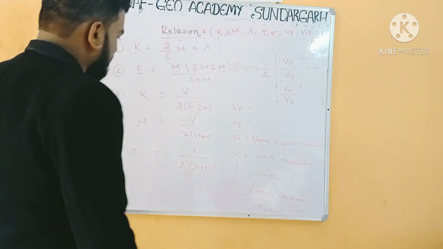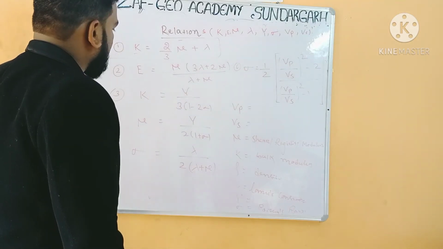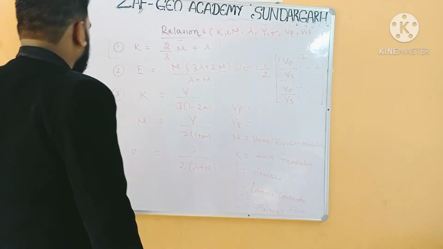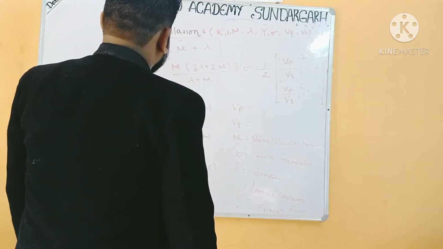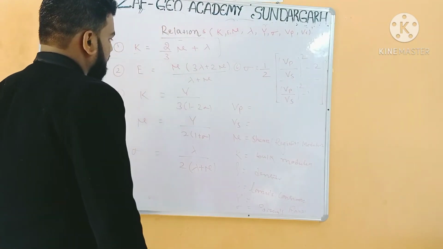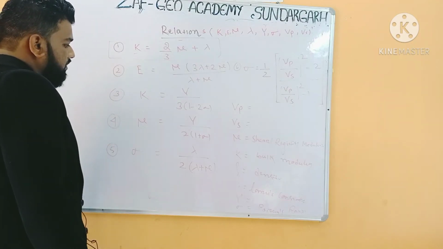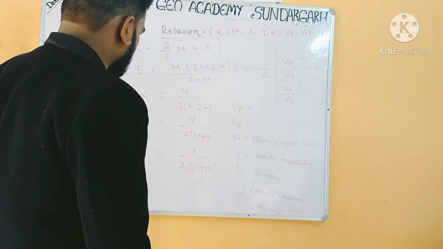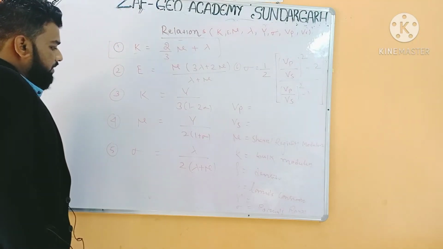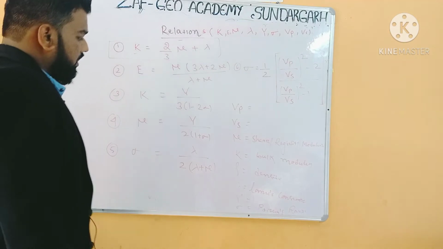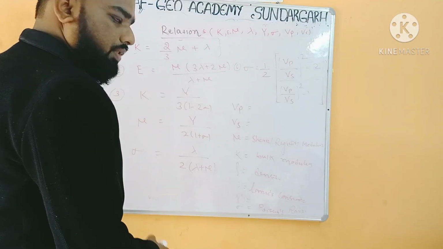Mu is the shear or rigidity modulus, and lambda is the Lamé constant. E is mu times (3 lambda plus 2 mu) divided by (lambda plus mu), and k is equal to Y, Young's modulus, divided by 3 times (1 minus 2 sigma), and mu will be equal to Y divided by 2 times (1 plus sigma).